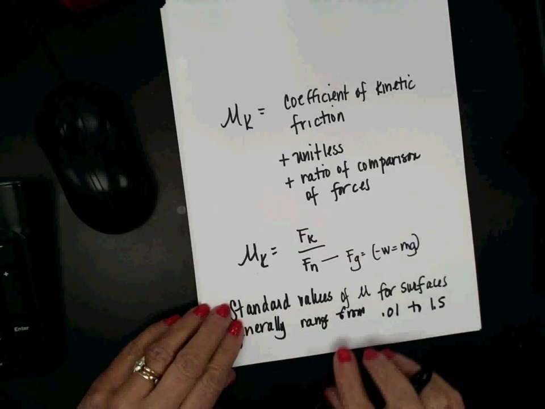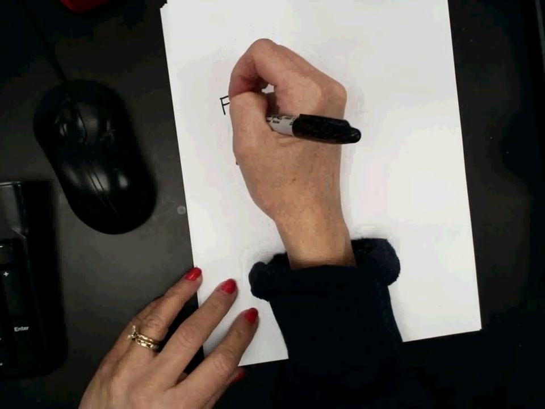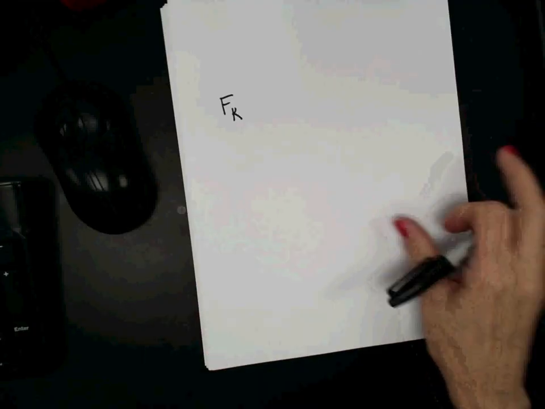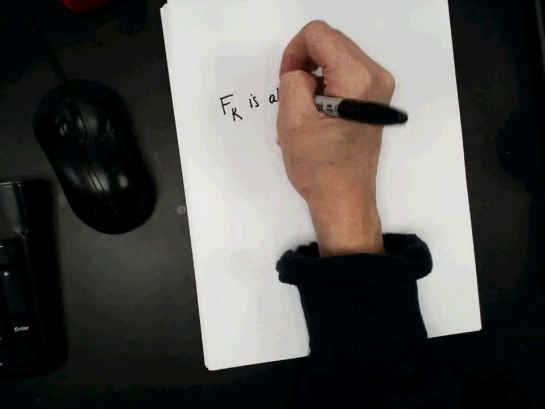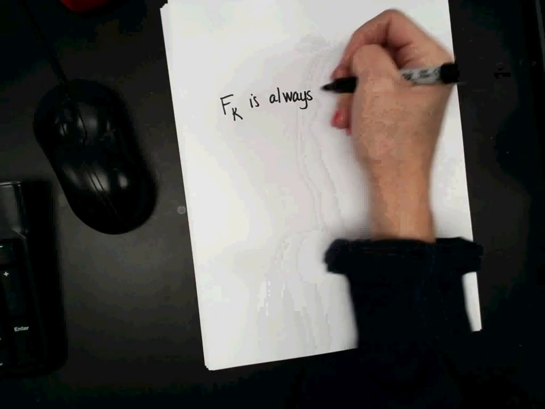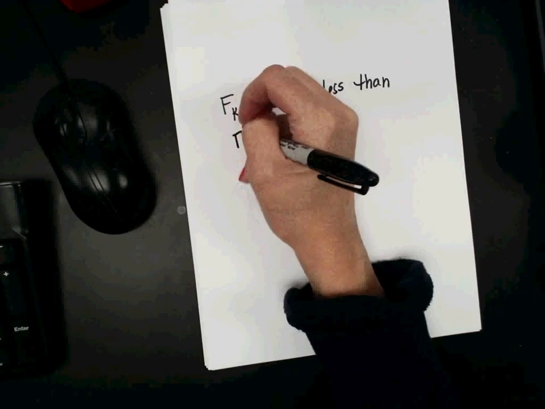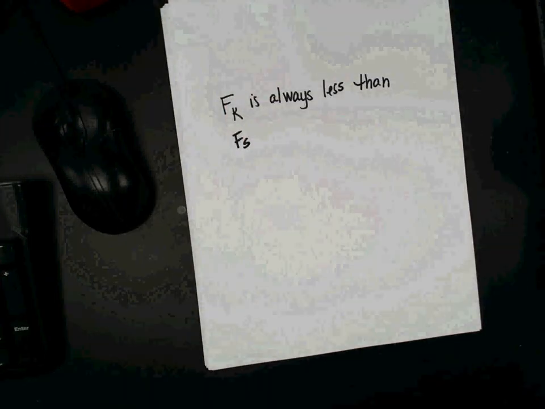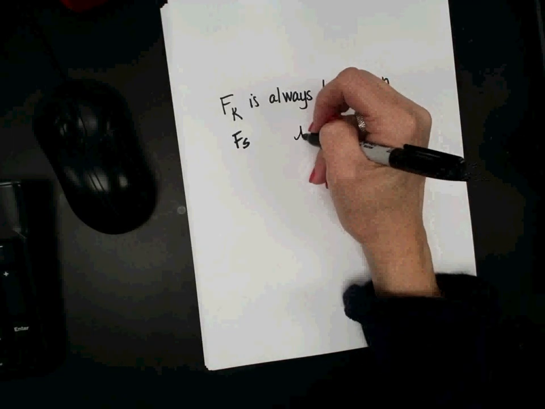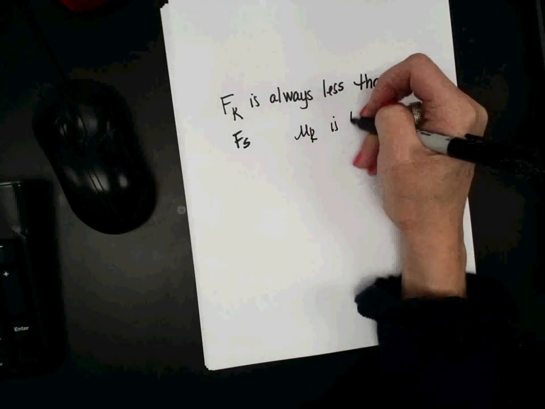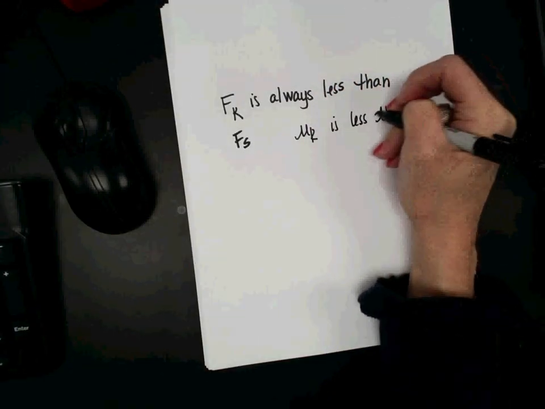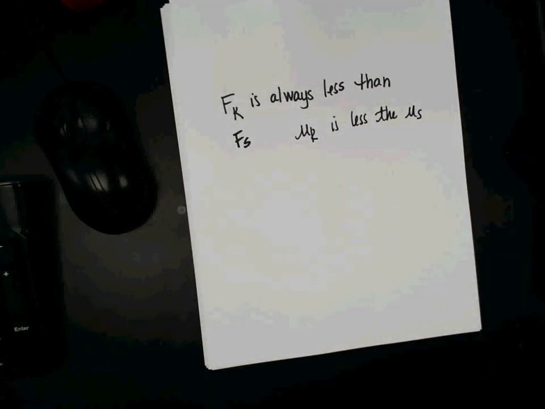Again, unitless. The other thing, and we talked about this already, is that Fk is always less than Fs, which leads me to say that if Fk is always less than Fs, then mu k is less than mu s.